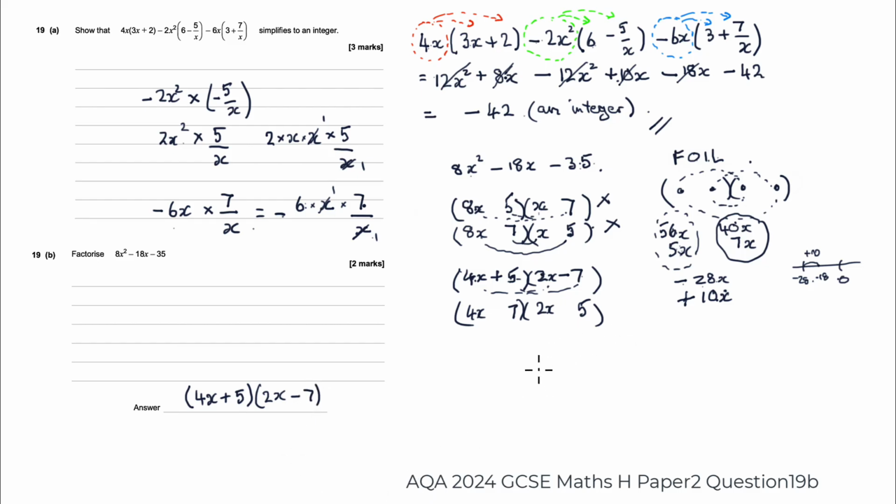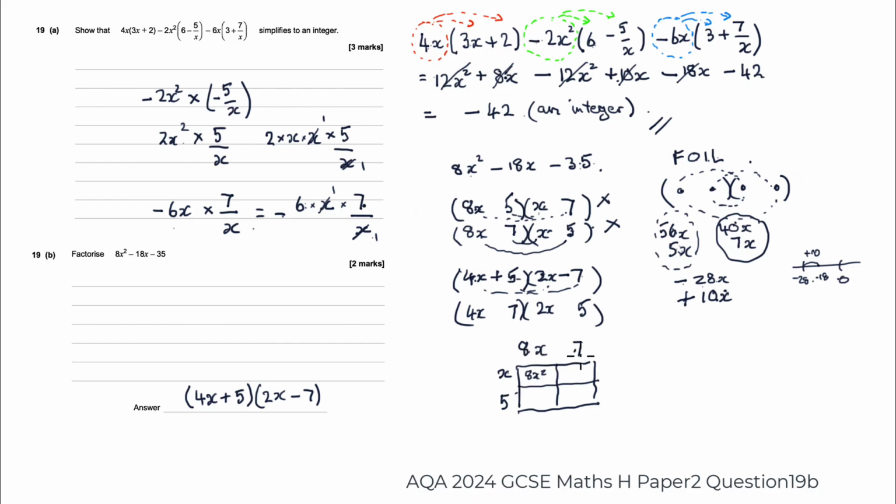Now, if you've been taught a table method to multiply out brackets, let's take the 8x, 7 and the x, 5, then you can do the same figuring out that I've been doing with your table. There's your 8x squared, that's the first two terms.